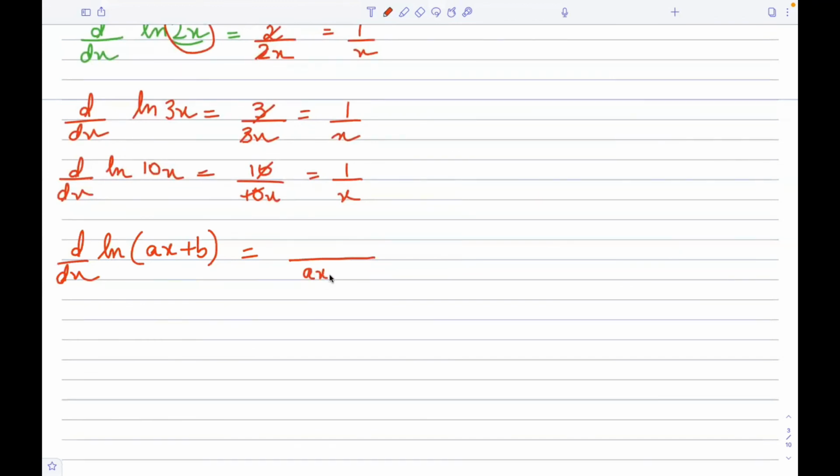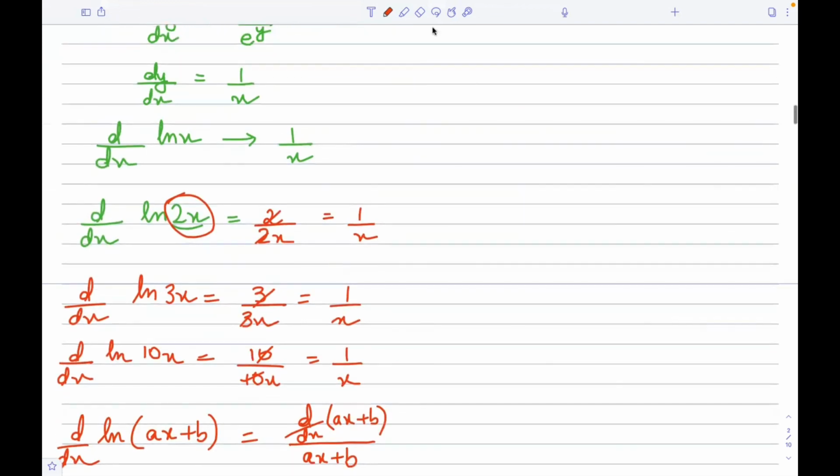The function goes in the denominator and the derivative of the function comes up in the numerator. And that's how we differentiate a natural log function.